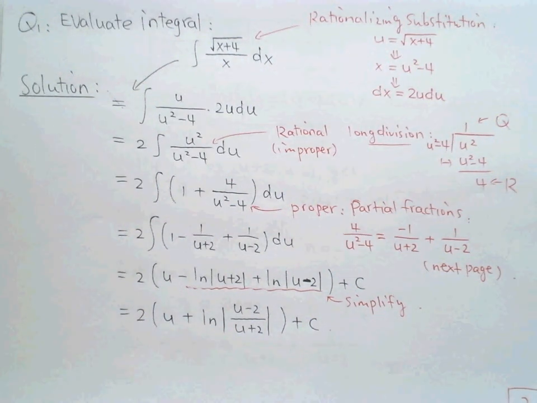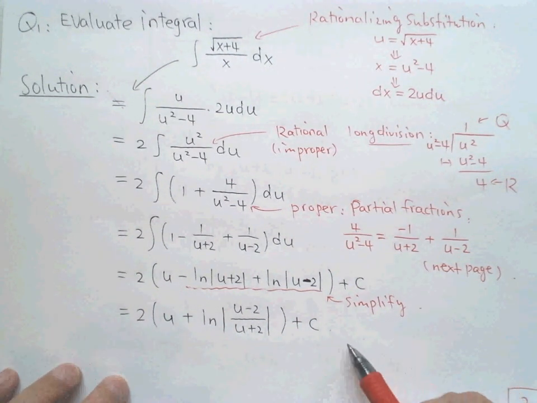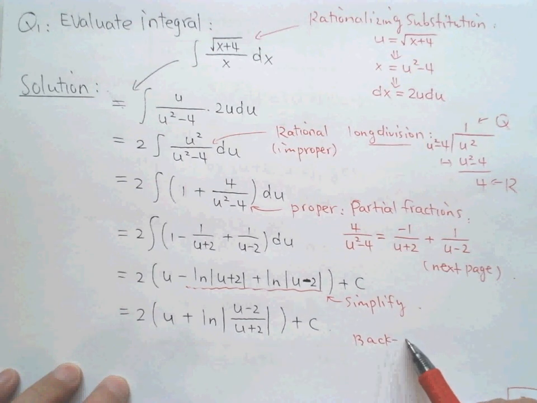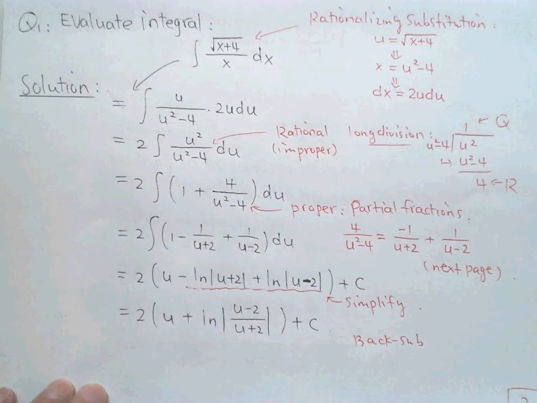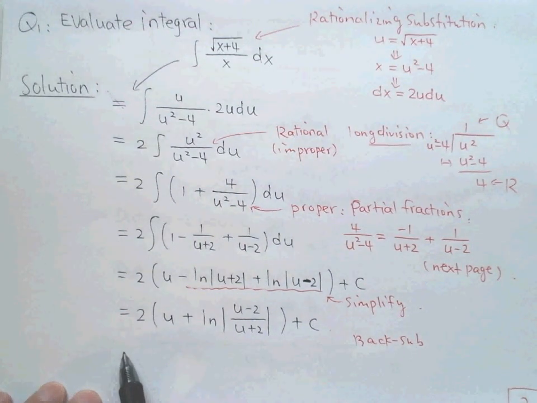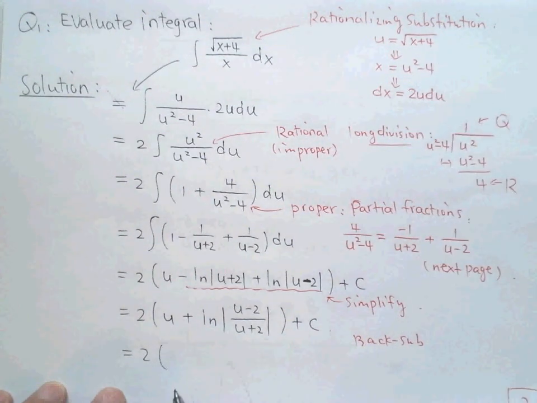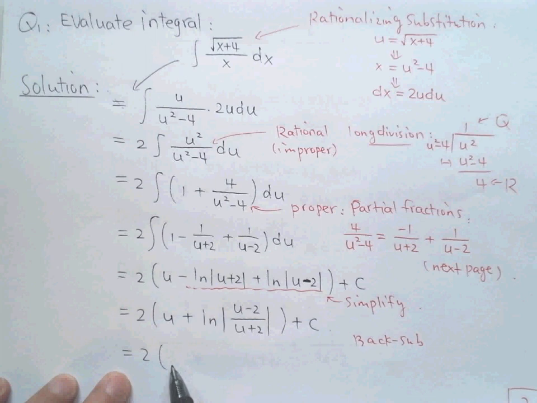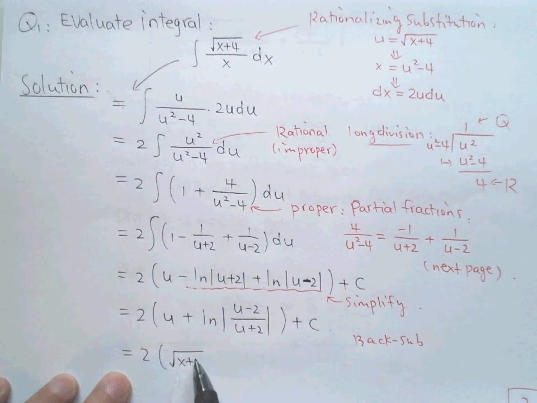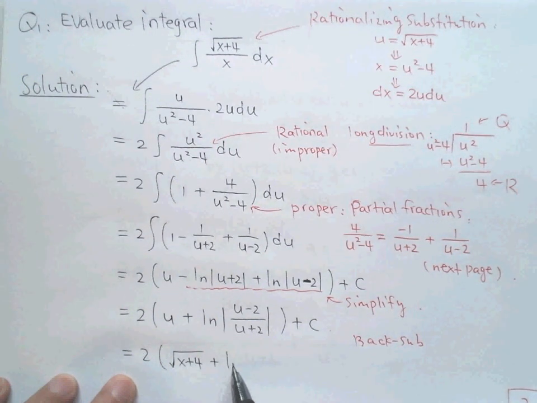Now the last thing we need to do is back substitute. After back substitution, here is the final answer. u is the square root of x plus 4, good.